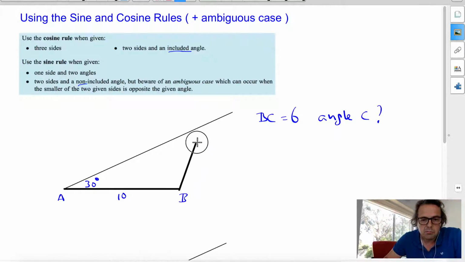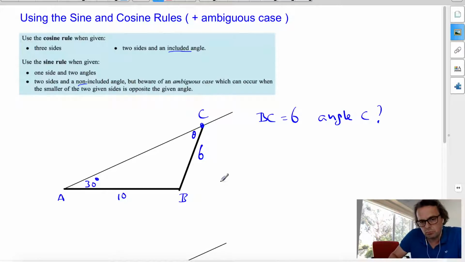So here's going to be point C, and BC is 6. All done.